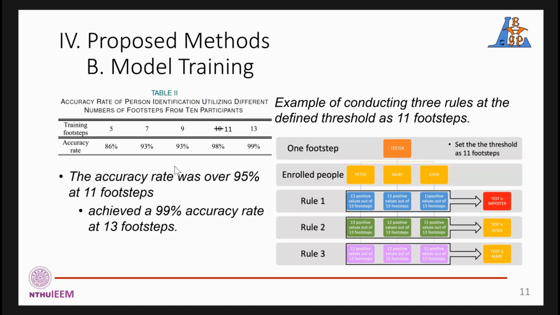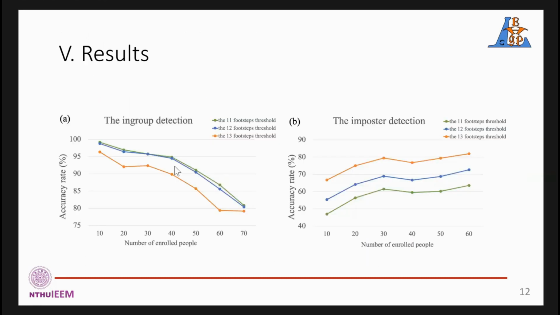But for the second rule, if there's only one person with 13 positive values out of the 13 footsteps, then we will identify this tester as Peter. Otherwise, if there is just the highest number of positive values out of the 13 footsteps, then this one would be the tester. So the tester would be Mary. That's our basic rule for the SCNN model.